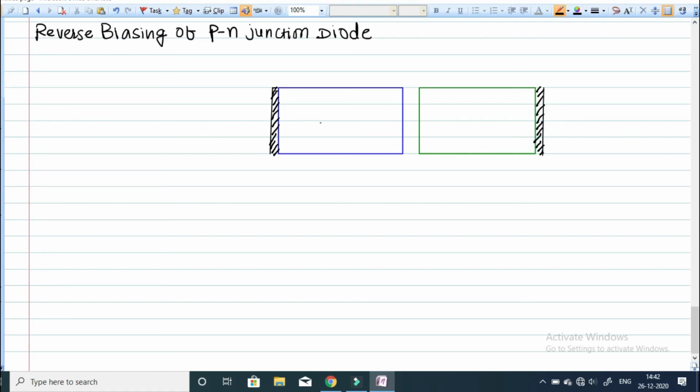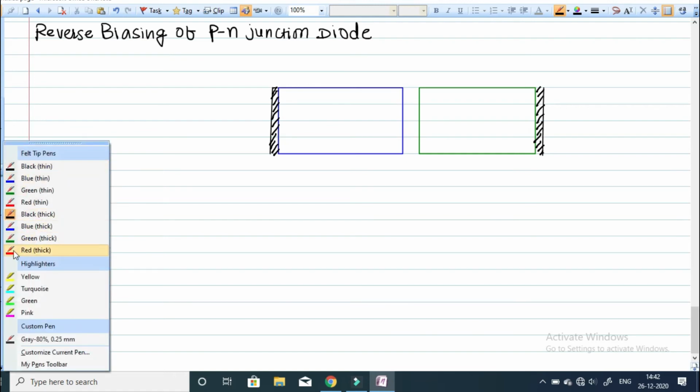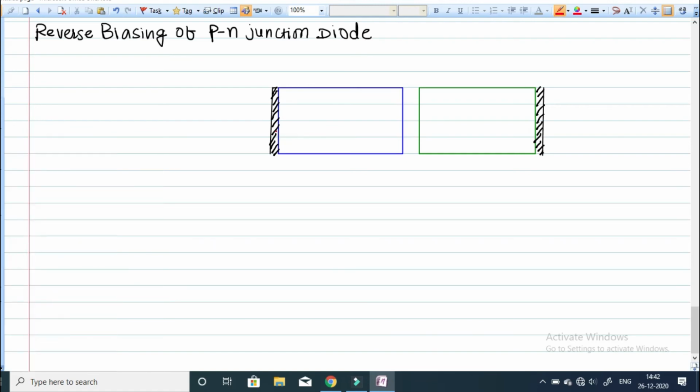This is your p-type. In case of p-type, the holes are the majority charge carrier. Holes are the majority charge carrier in p-type, and electrons are the majority charge carrier in n-type semiconductor.